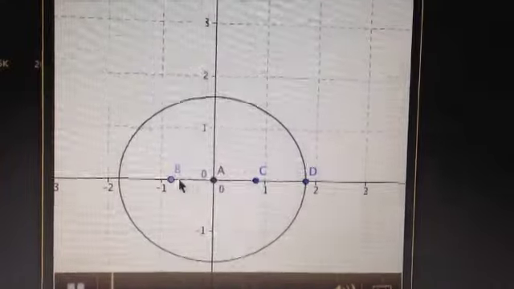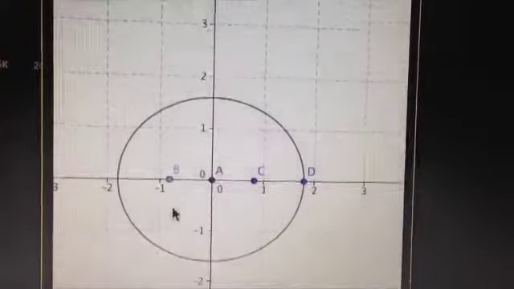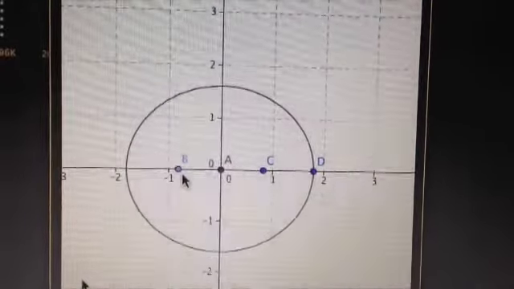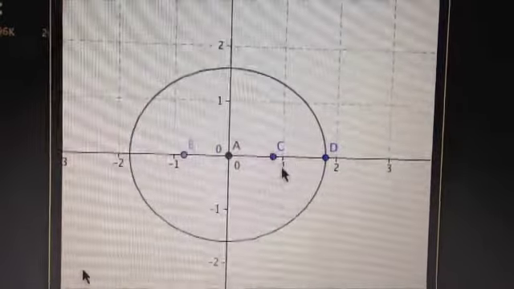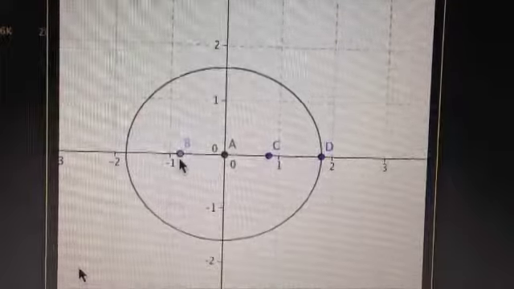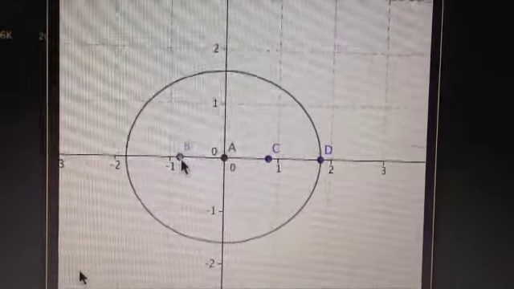See here, this is the ellipse. The foci are located at (0.82, 0) and (-0.82, 0).